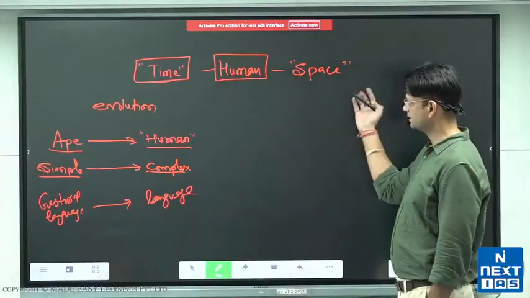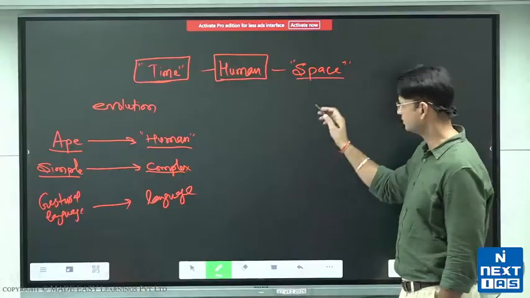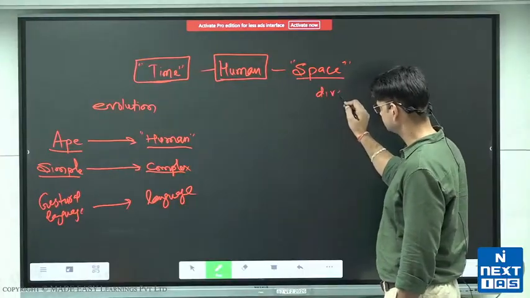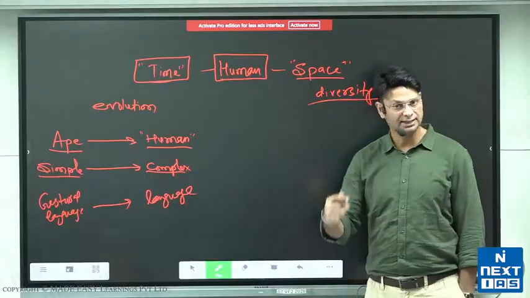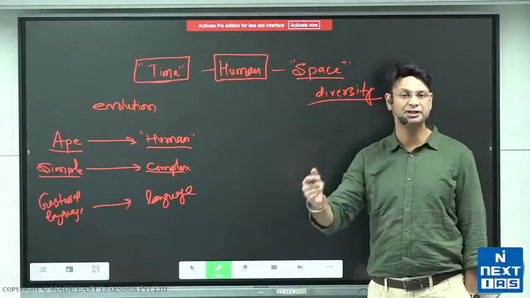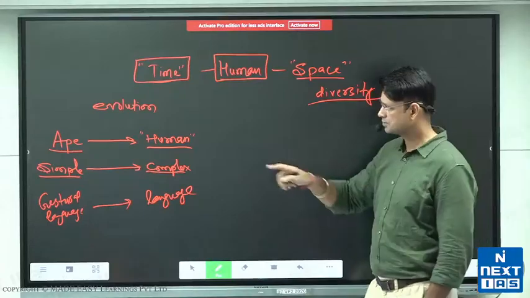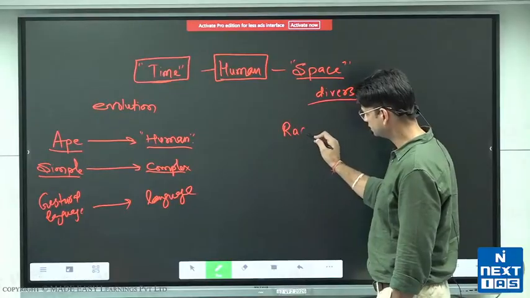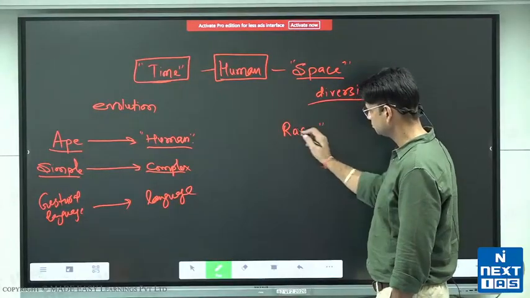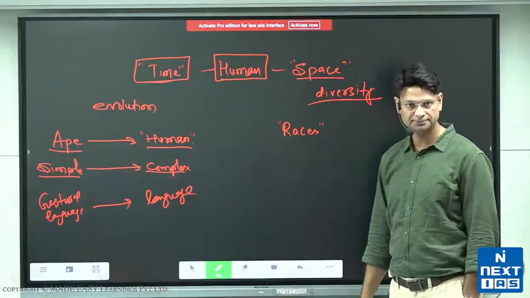We try to understand human over space also. That means the diversity. We try to understand the diversity among humans in different places. In what terms? Biological diversity. That means people of Africa look different. People of Europe look different.